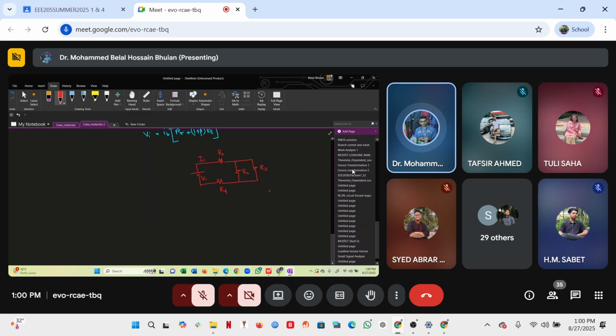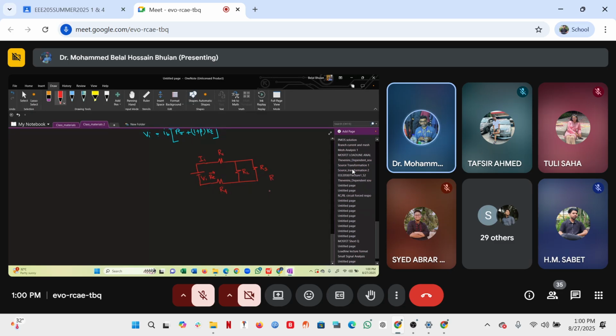How can we do this? First of all, we can determine the equivalent resistance, R equivalent. What is the equivalent resistance that you see from here to the right? We already learned that R2 and R3 are parallel, and R1 and R4 are connected in series.